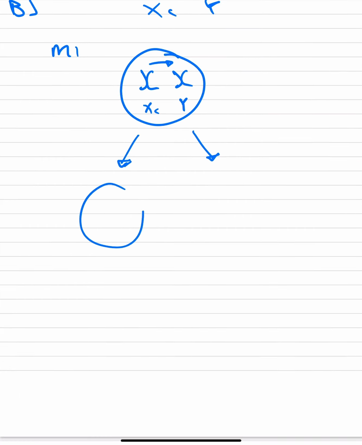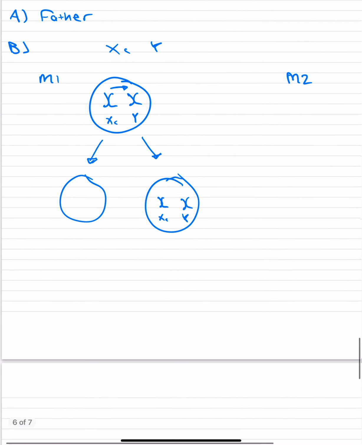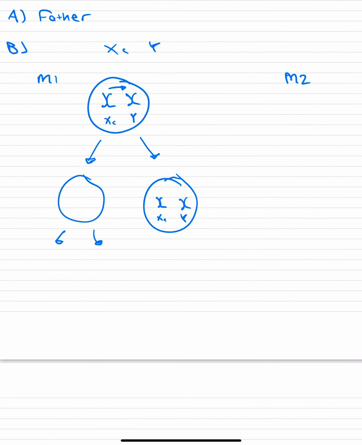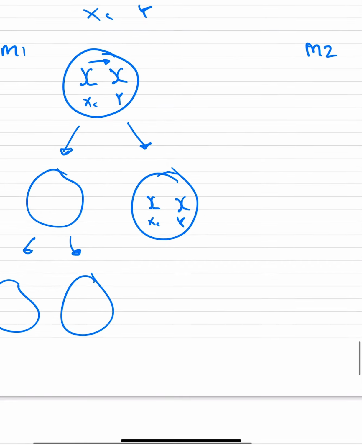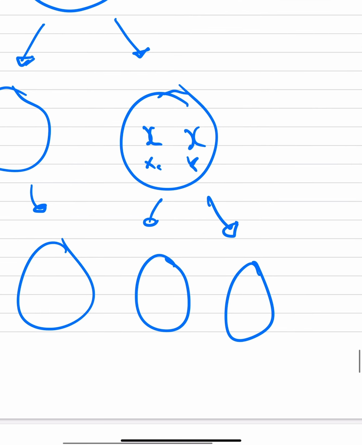That would result in one cell that has no genetic information, and one cell that still contains both of these duplicated chromosomes. If this were to proceed into meiosis 2, that would result in two cells containing none of these chromosomes, and two cells containing both of these chromosomes.